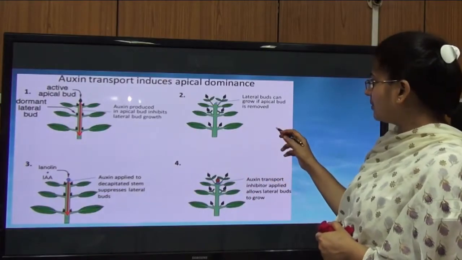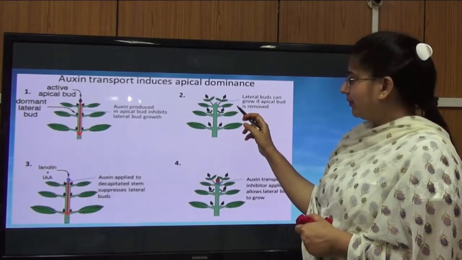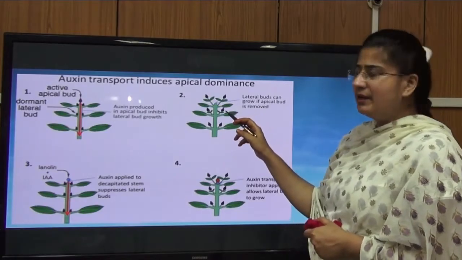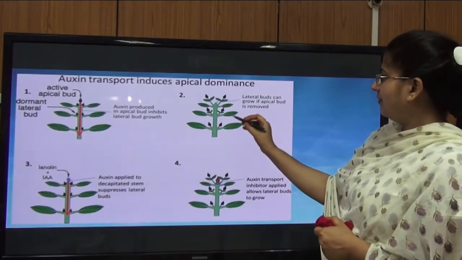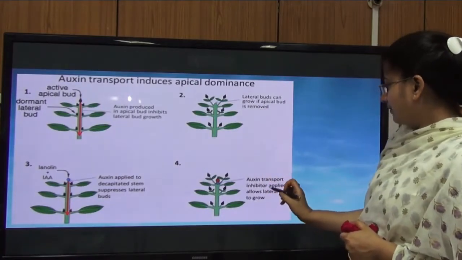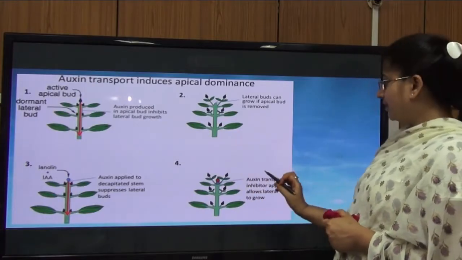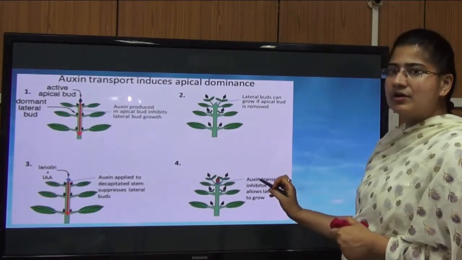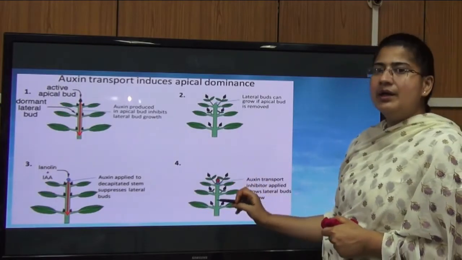Now this condition shows that the apical bud has been removed, and after its removal, the growth of the lateral bud is increased. There is eruption of lateral buds. Here the apical bud is intact, but we have applied an inhibitor of auxin, so because of the inhibitor of auxin, again the lateral bud will emerge.